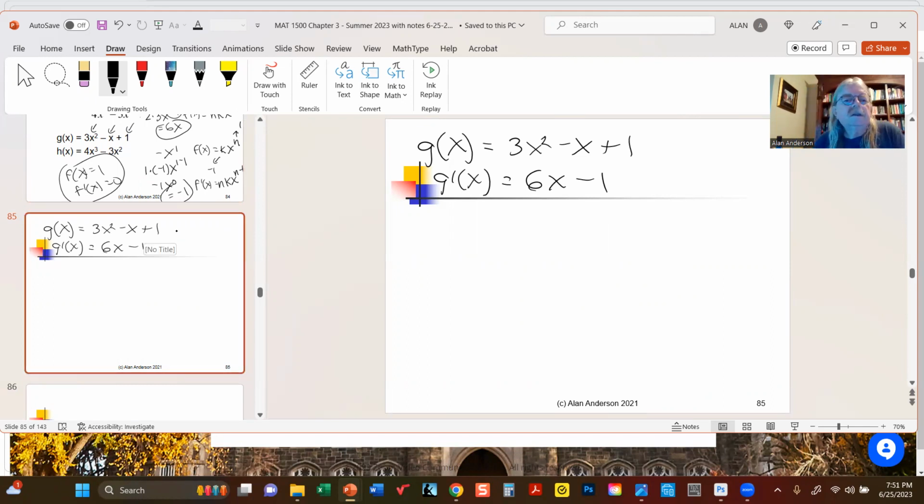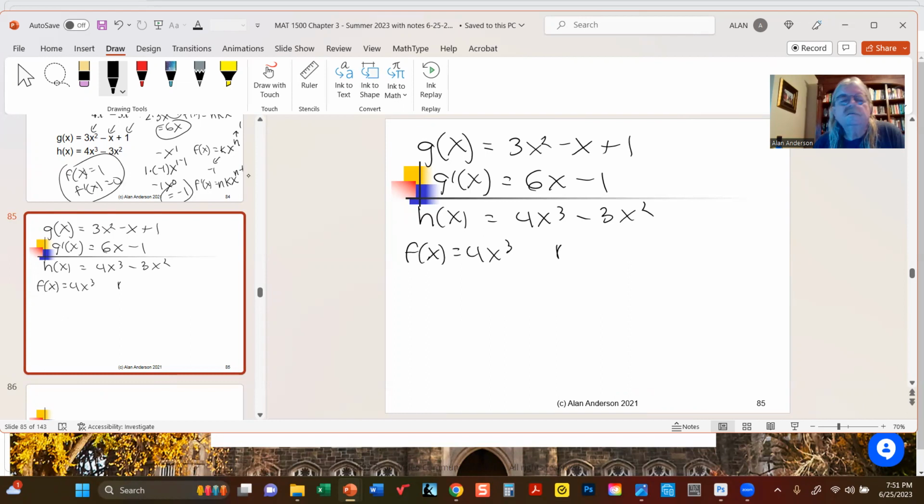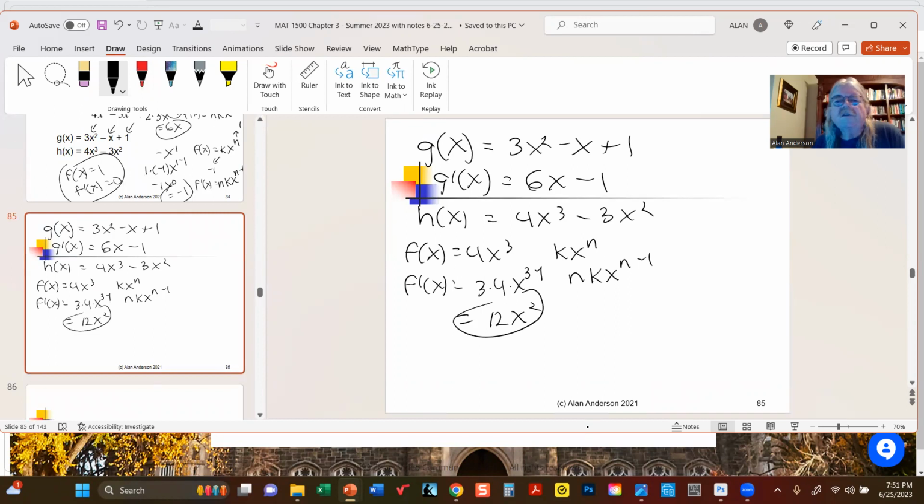H of x is 4x cubed minus 3x squared. So if we want to break these down and take each derivative separately, the first term here has a derivative of 12x squared.